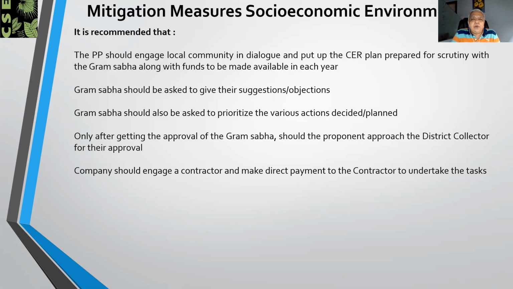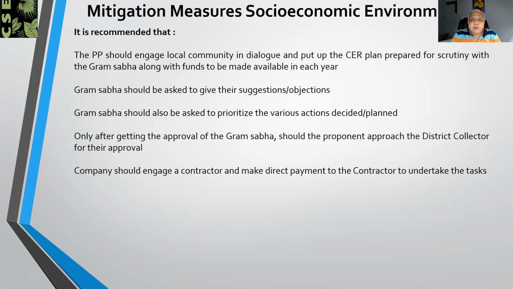The local populace may not really be needing that project for all we know. So what we recommend here is that the proponent should engage the local community in dialogue and put up a CR plan for scrutiny with the Gram Sabha, along with funds to be made available in each year.